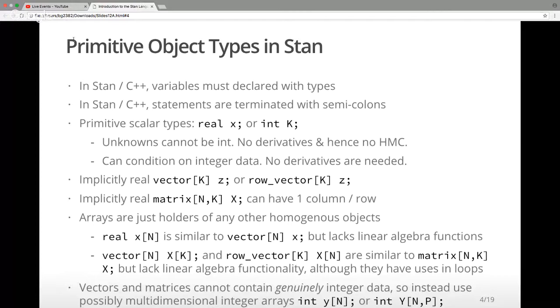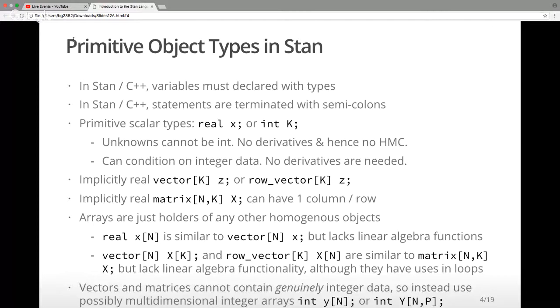Also, vectors and matrices, because they're implicitly real, they cannot contain genuinely integer data. And so if you need to do so, use integer arrays. Those make sense. Those can be of 1 dimension, 2 dimensions, however many dimensions, and these are declared like this: int y, size n, or first dimension n, second dimension p.